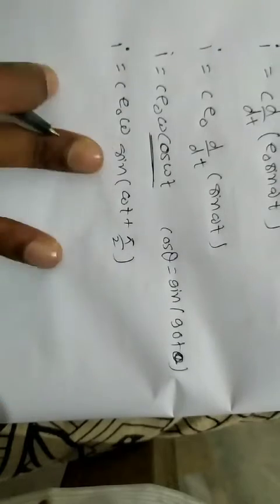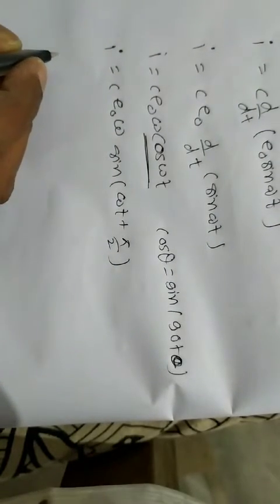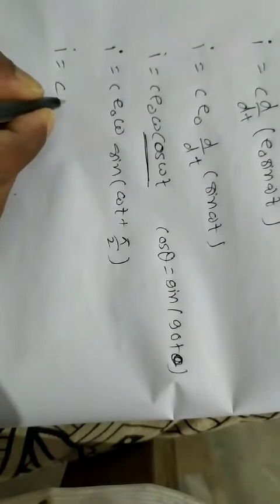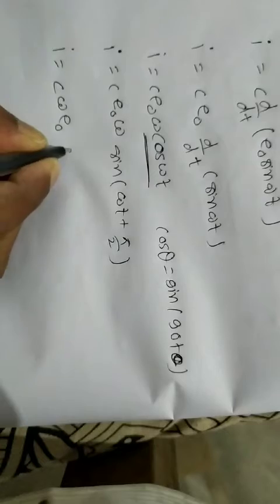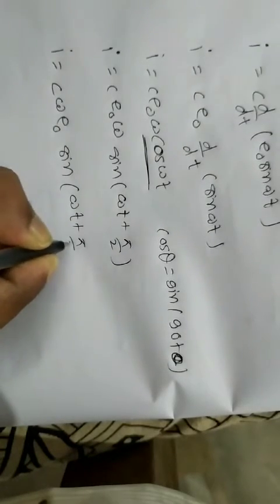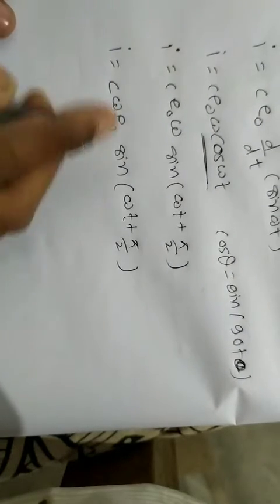I is equal to C omega E naught sine of omega t plus pi by 2.